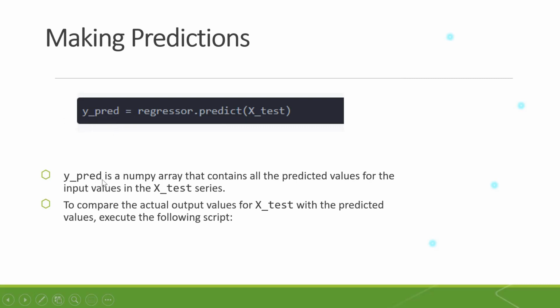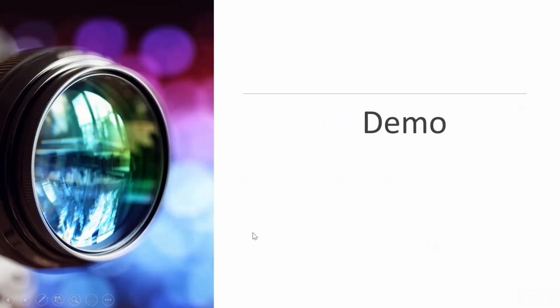So y underscore pred is a numpy array that contains all the predicted values for the input values in the x test series. To compare the actual output values for the x test with the predicted values, you can execute the scripts. Let me show you the demo of the linear regression.